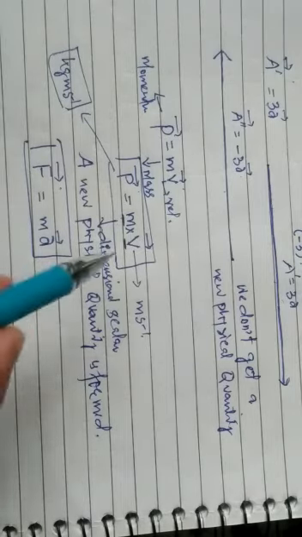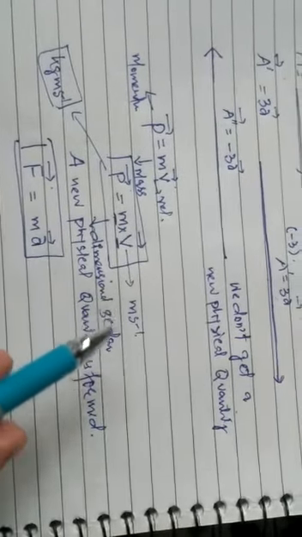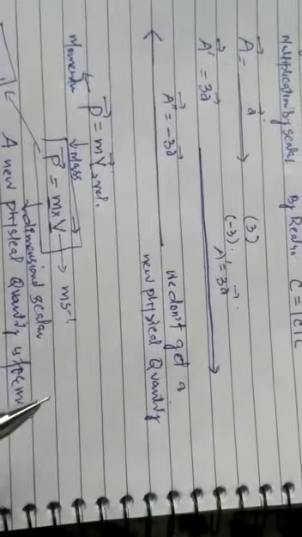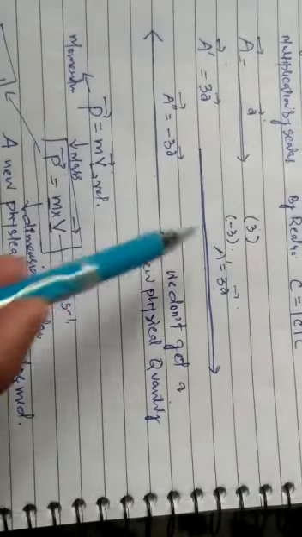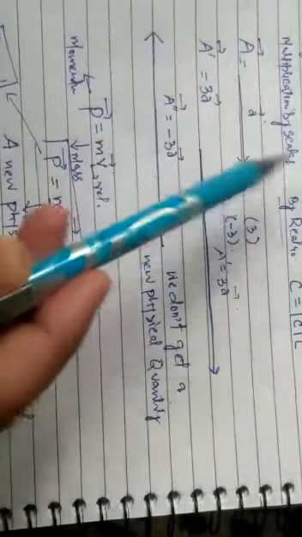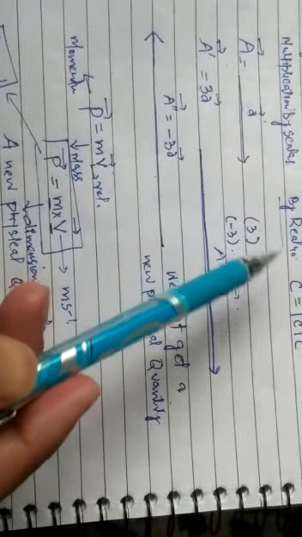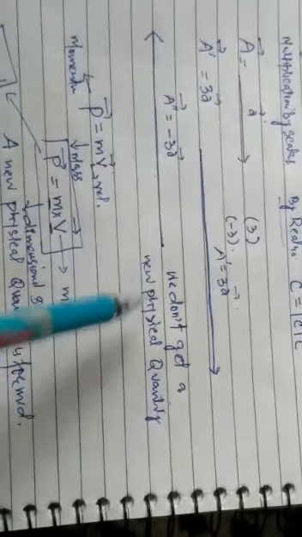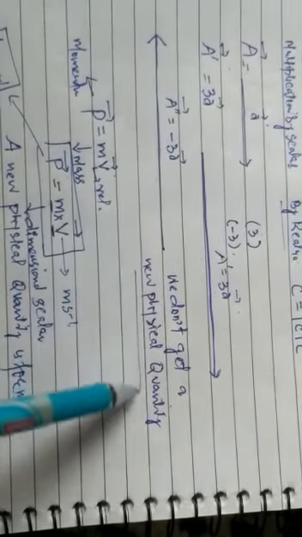In case of a real number, that is simply a scalar, 3 is a scalar, 4 is a scalar, but those do not have dimensions. Once you multiply a vector by a dimensionless scalar, you don't get a new physical quantity. No new physical quantity is formed.